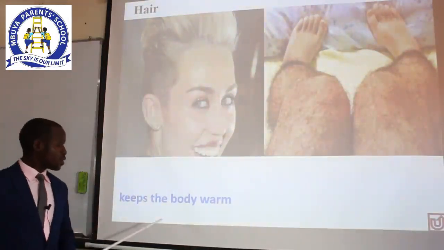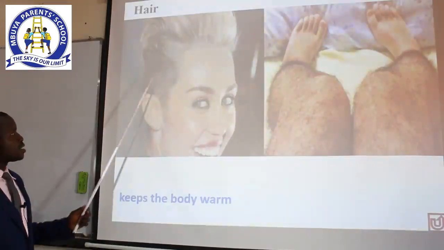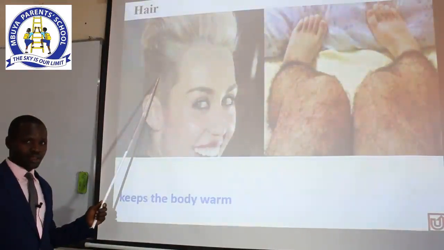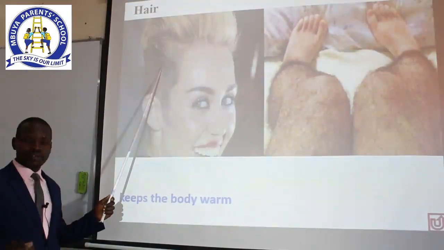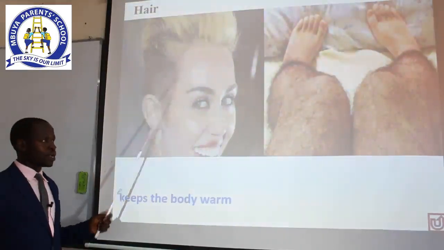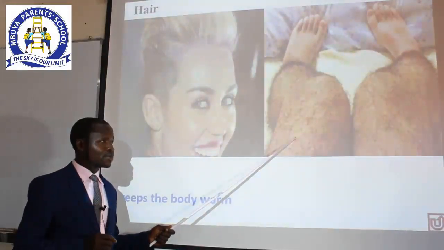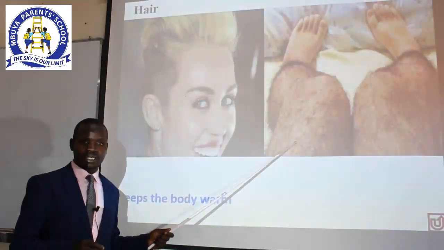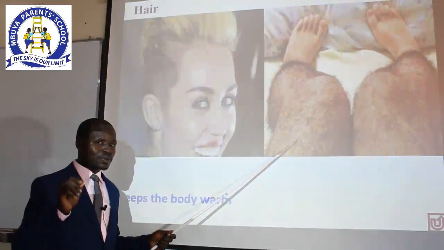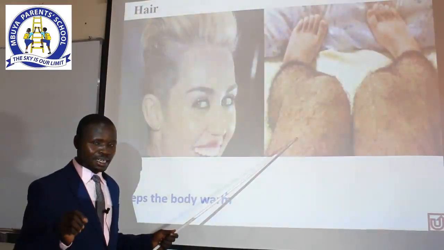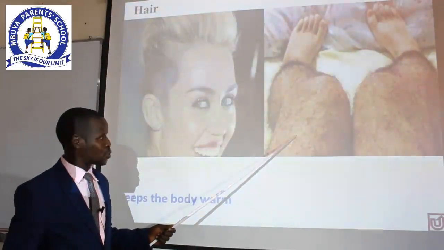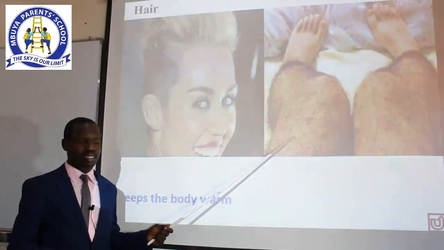As you can see, you have hair on your head and different other parts of your body. If you look at the second picture, there is somebody who has hair all over the legs. And this could be a very good adaptation to a certain response to temperature.